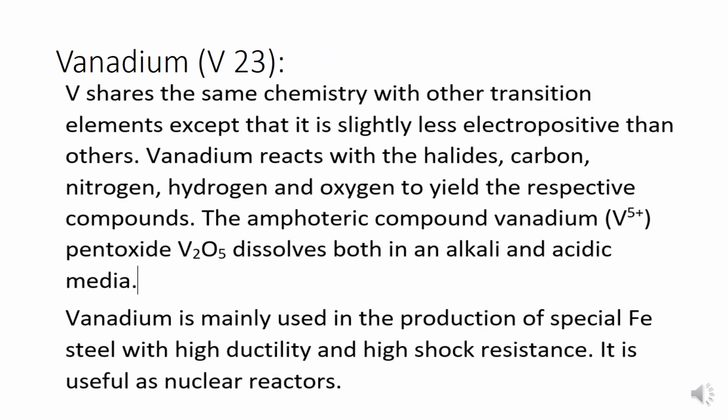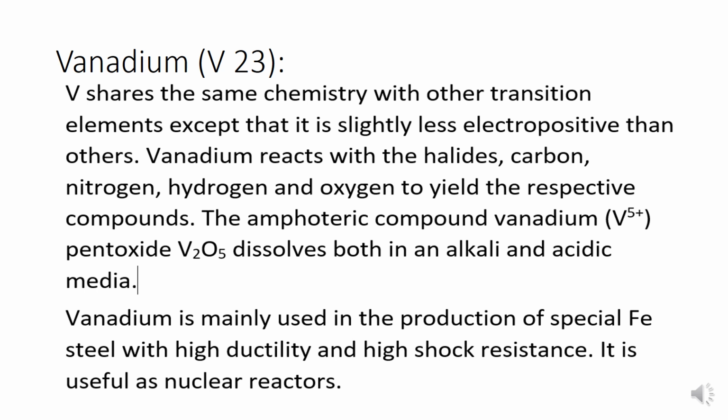Vanadium shares the same chemistry with other transition elements, except that it is slightly less electropositive than others. Vanadium reacts with the halogens, carbon, nitrogen, hydrogen, and oxygen to yield their respective compounds.